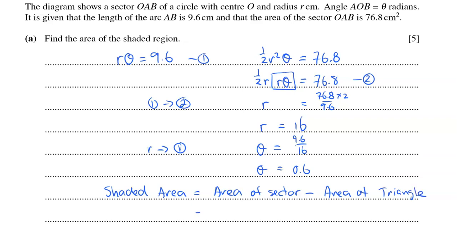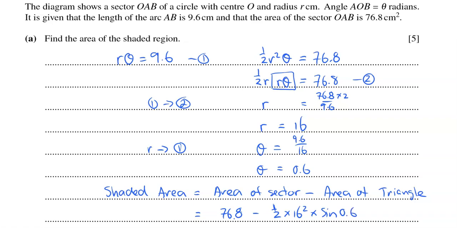They told us that, and the area of the sector is 76.8. And the area of the triangle, we're going to use as a formula, half AB sine theta. But in this case, A and B are the radiuses. Both of them are the radius, and we worked the radius out as 16. So it's going to be 16 times 16 times sine of the angle between them.